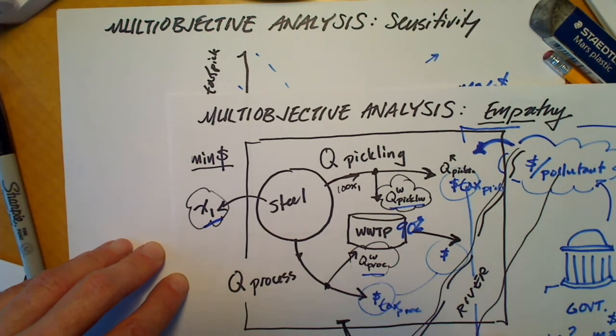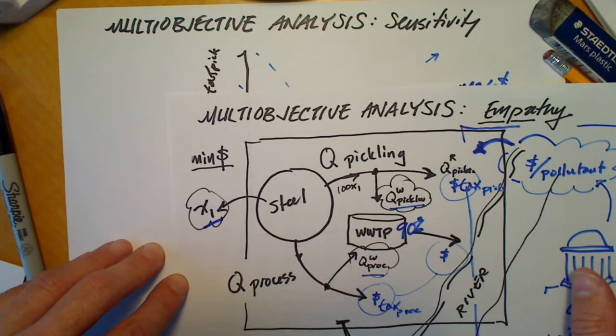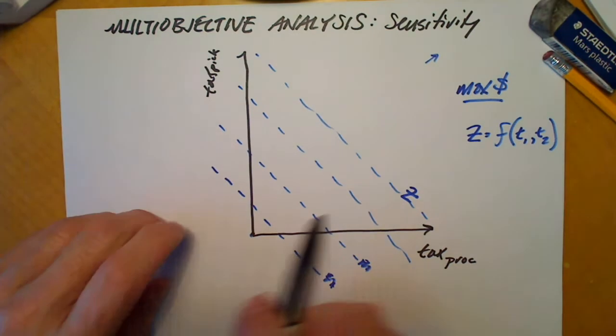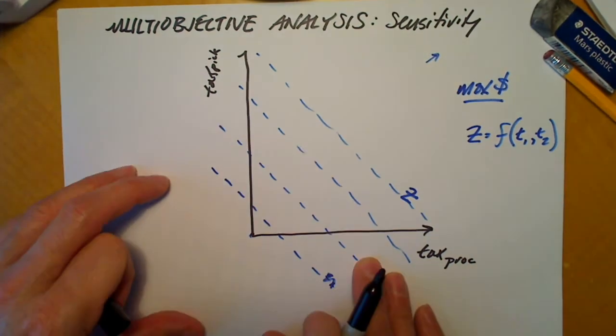The steel manufacturer may choose not to operate at a loss. They might choose to shut down altogether. We don't know what that curve looks like. It's not a constraint per se.